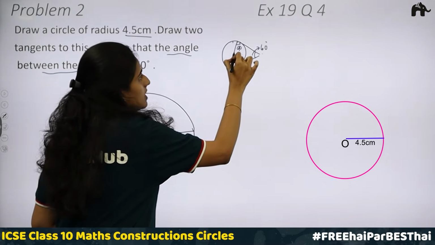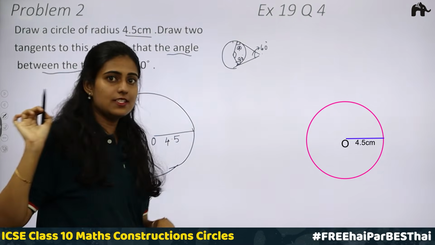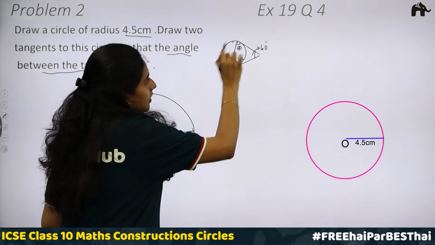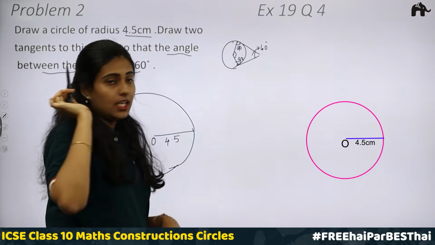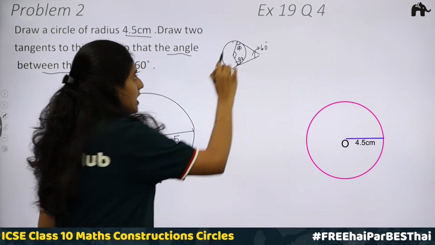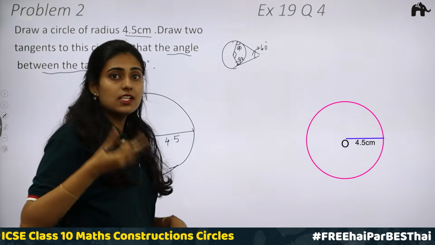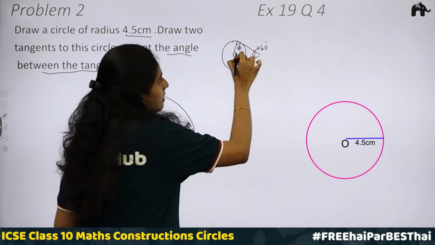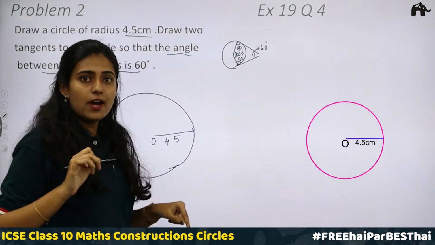Then, what is the measure of this angle formed at the center? When you look at this, we will find that this is a quadrilateral. In a quadrilateral, we know that the total angle is equal to 360 degree. 90 plus 90 plus 60, when subtracted from 360 degree, we will get 120 degree. So, the central angle will be 120 degree.